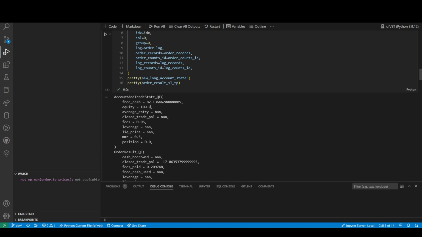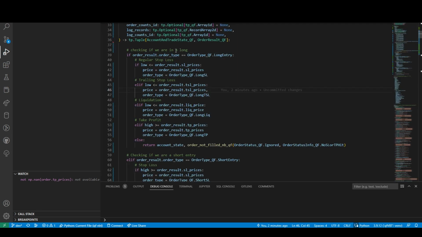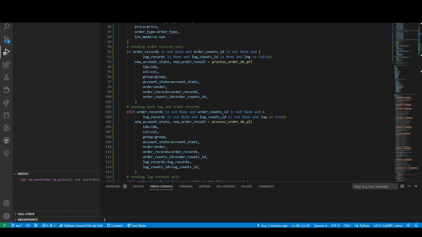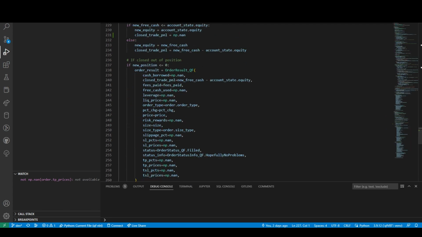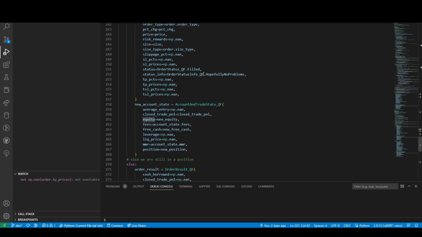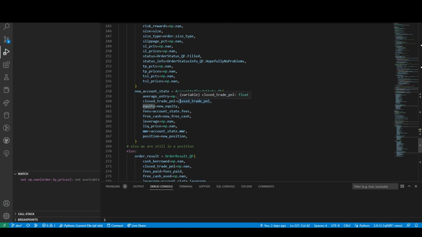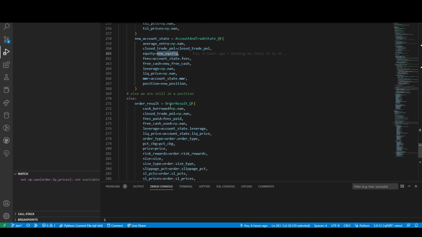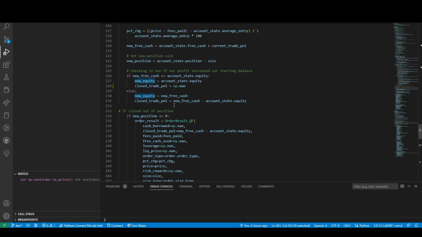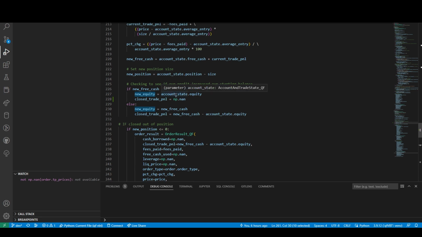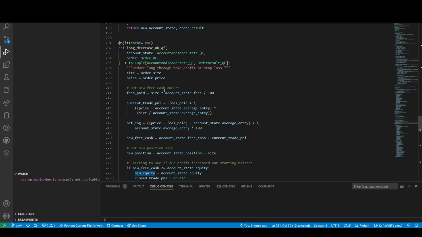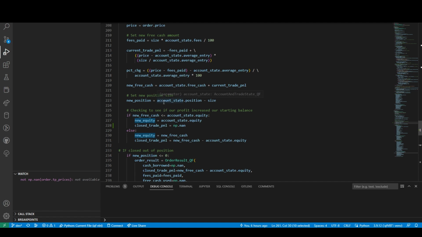Oh, I have to also change this equity. So if we are not in a position, we also have to change the equity. New equity. Oh, shit.